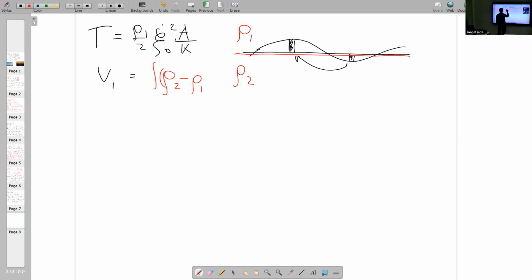Rho 2 minus rho 1 is the density difference multiplied by the volume to get the mass, dx dz, and then multiply by the height of it, multiplied by psi.